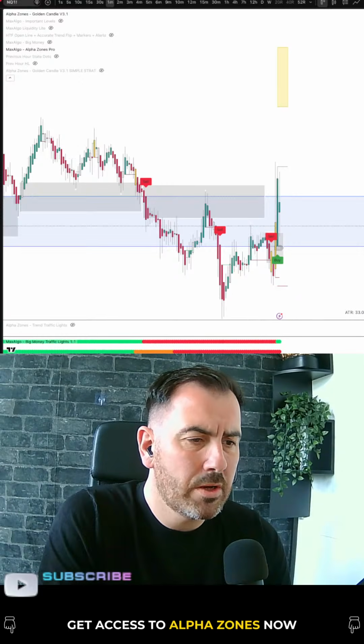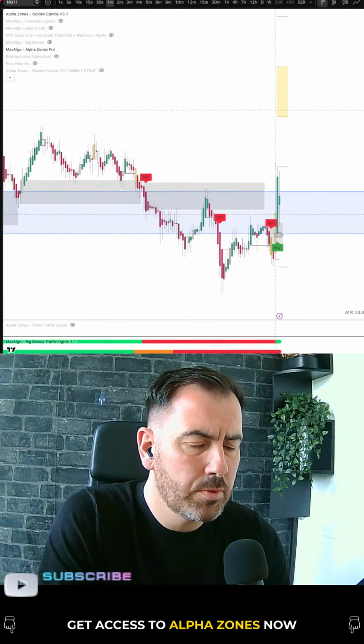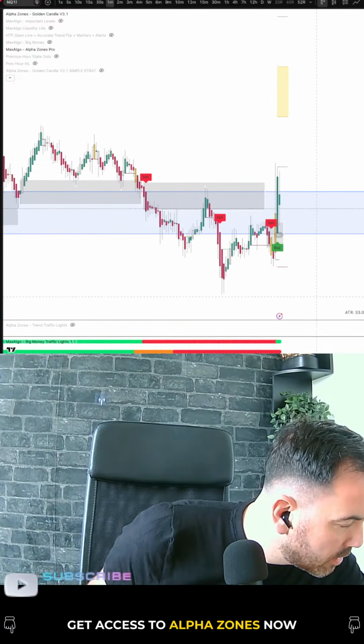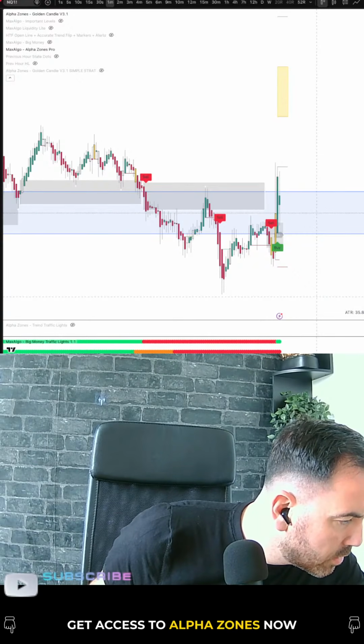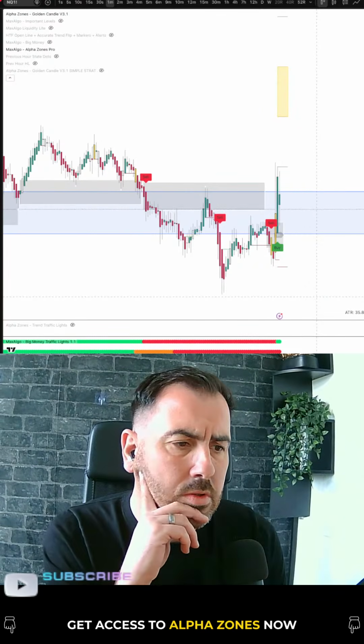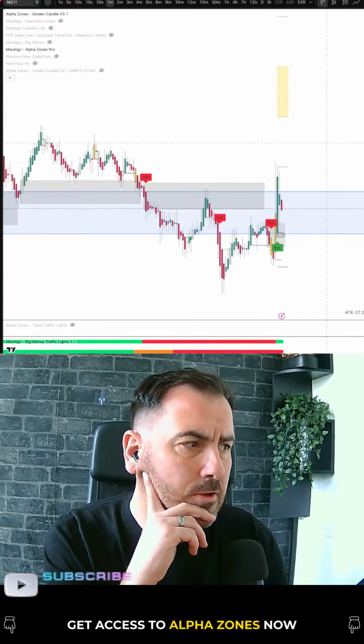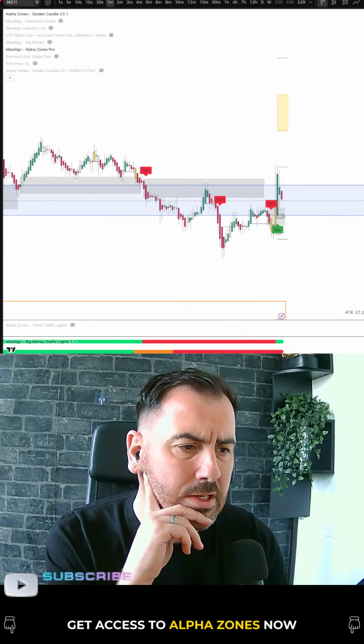Was there a bit of news then? I know there wasn't official news, but it's 4 minutes past, but that's it. There's a huge candle up for the way the candles have been previously.